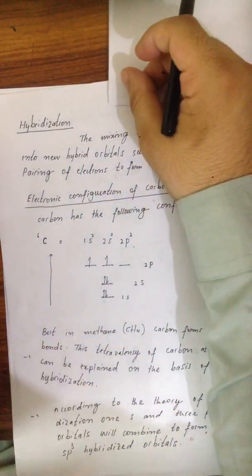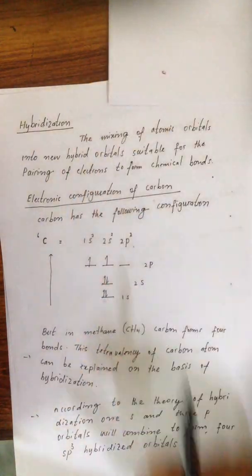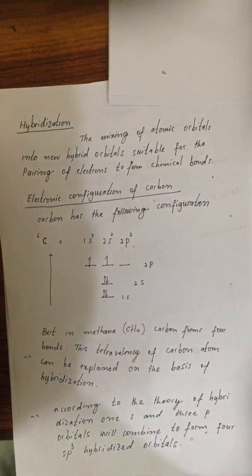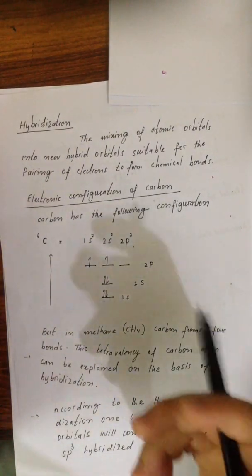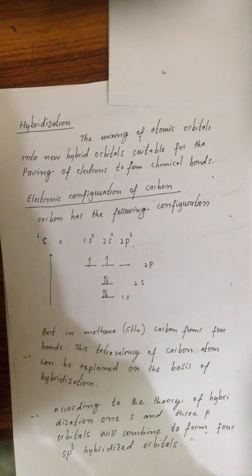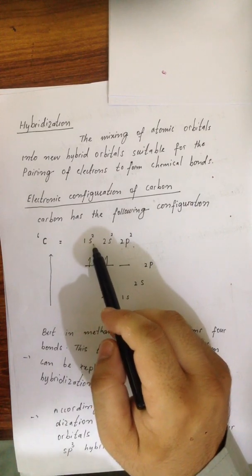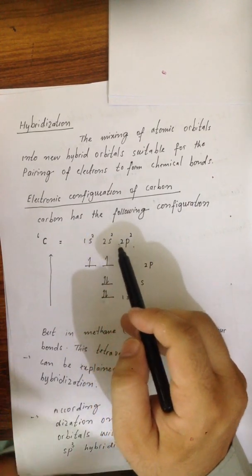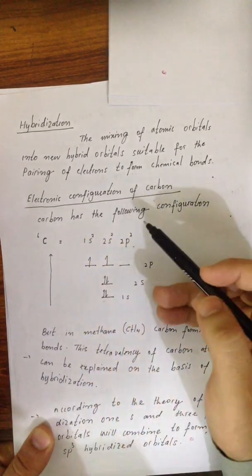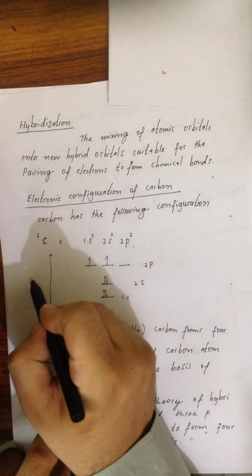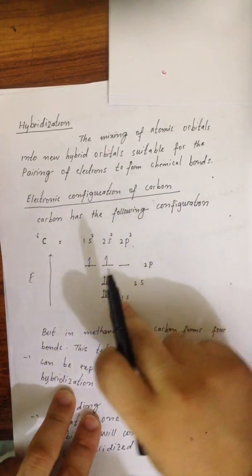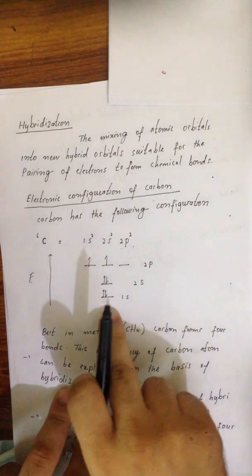Before we go into the detail of hybridization, it's important to discuss the electronic configuration of carbon atom. Carbon atom has a total of 6 electrons. The 6 electrons can be arranged like this: 1s2, 2s2, 2p2. Diagrammatically, it can be represented like this.